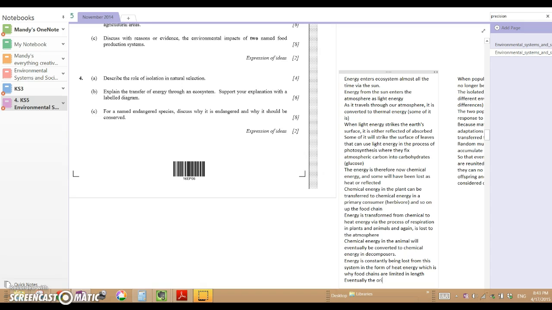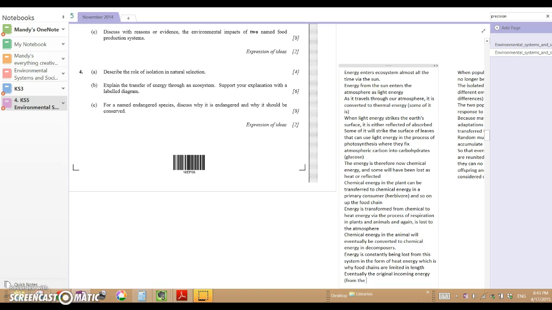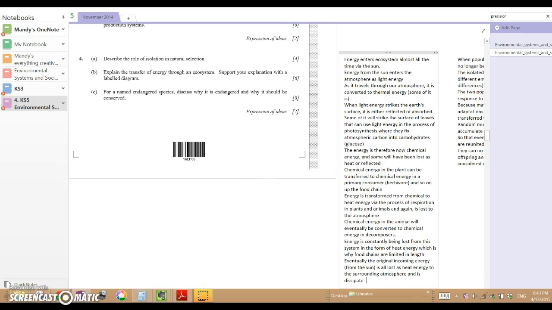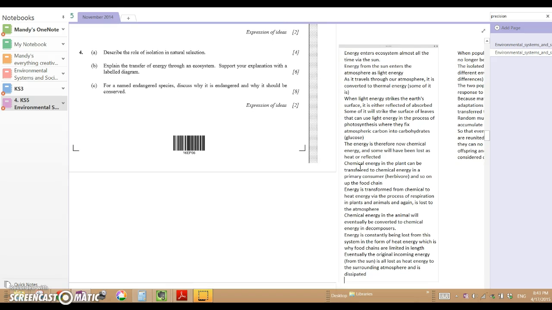Eventually, the original incoming energy from the sun is all lost as heat energy to the surrounding atmosphere and is dissipated. In other words, it becomes more and more spread out.